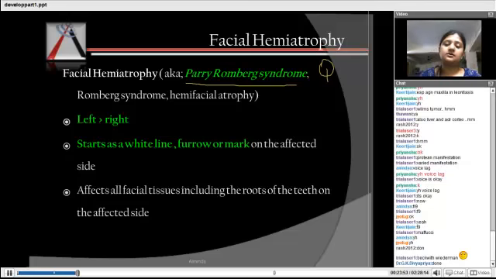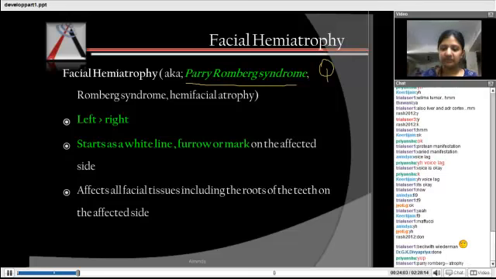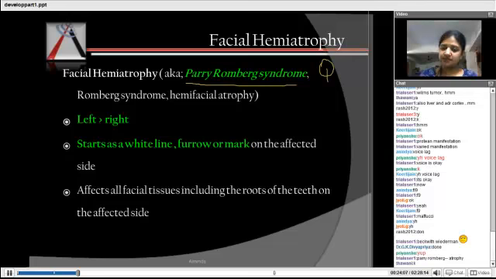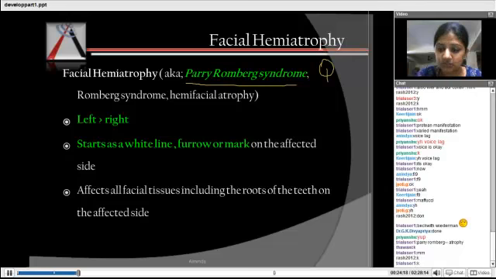Throughout our classes, we give you important MCQs that have been asked previously. These are things that I want you all to instantly recollect. So when I say MCQ and mark it as Q, it's for you to take it as something you have to know. So Parry-Romberg syndrome, facial hemiatrophy, also called Romberg syndrome.